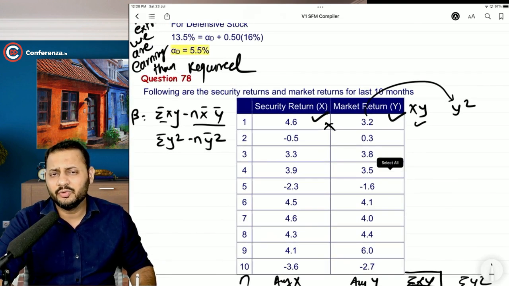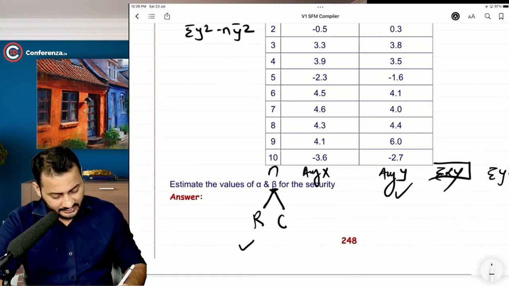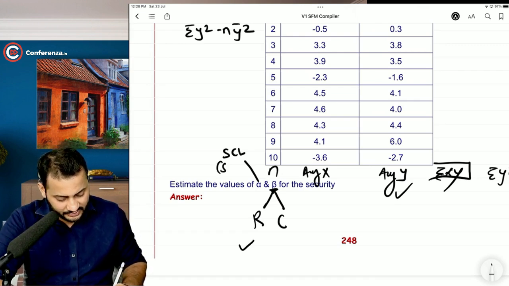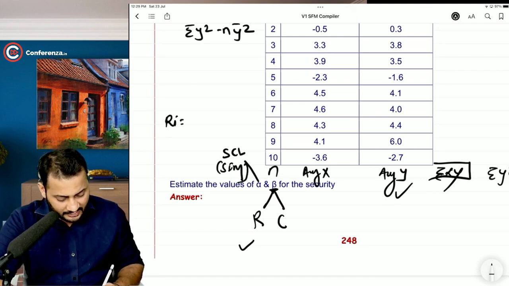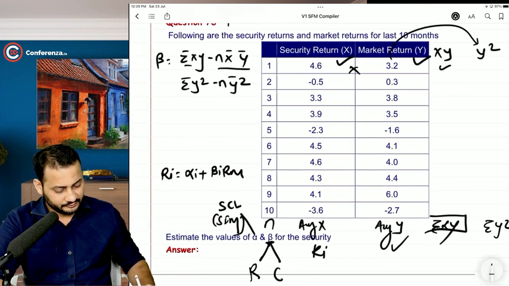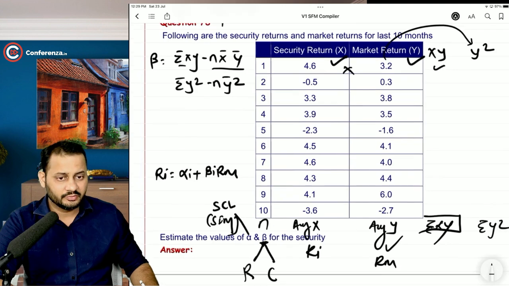Now, where do you think you have learned about the alpha? Alpha is discussed by us in the securities characteristic line. What is the securities characteristic line? It is based on the single index model, and we can calculate alpha as Ri is equal to alpha i plus beta i Rm. This is Ri, the return of the security, and Rm, the return of the market.